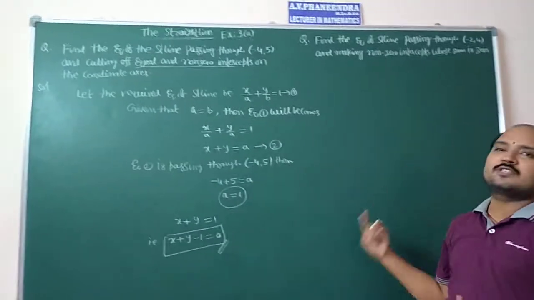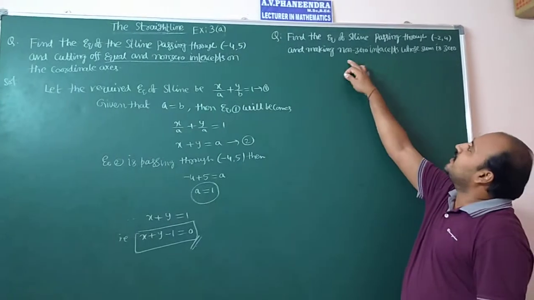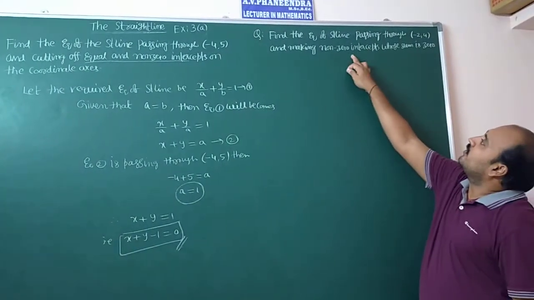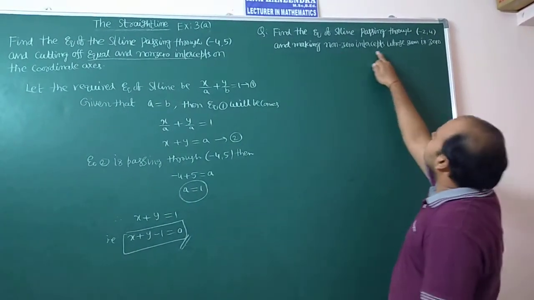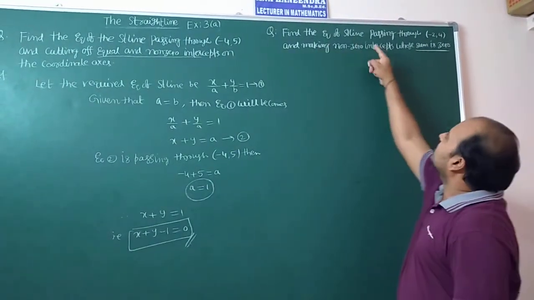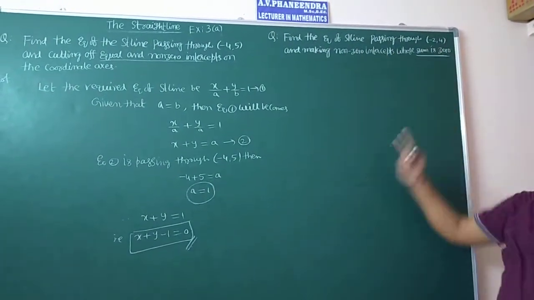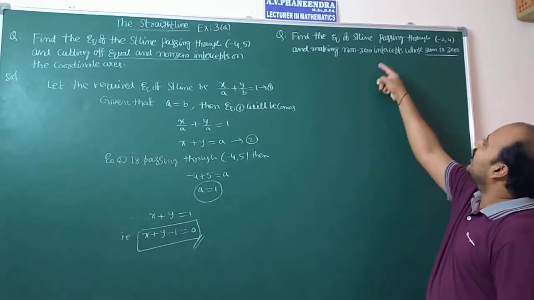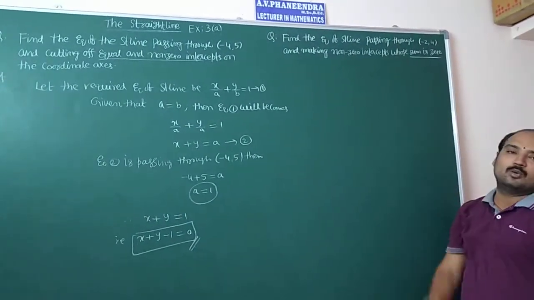Come to another model. Same question, but observe the condition here: making non-zero intercepts whose sum is 0. Find the equation of the straight line passing through minus 2, 4 and making non-zero intercepts whose sum is 0.